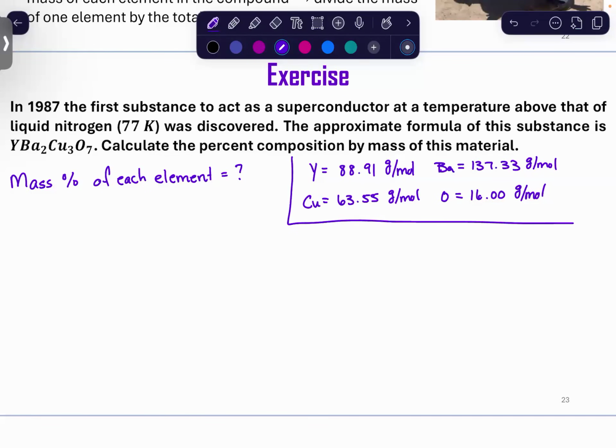All right, so these are the things we know. Then we need to compare each one of these to the overall compound, so we need the molar mass of the entire compound.